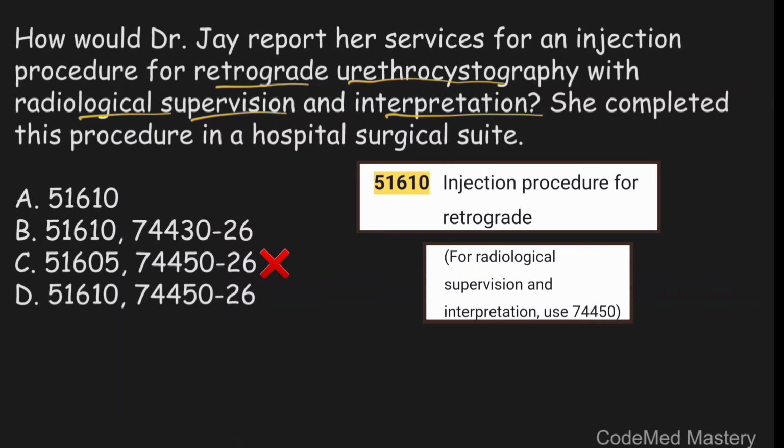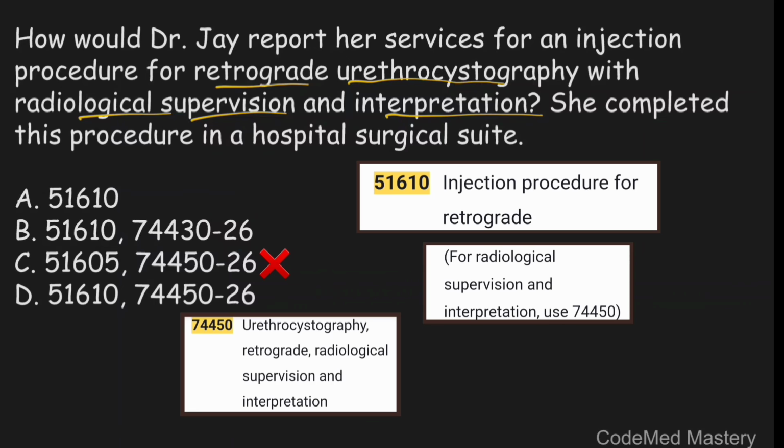The code 74450 is for urethrocystography, retrograde, radiological supervision and interpretation. Therefore, option D is the right answer. We'll eliminate option A because they have only mentioned 51610. Along with that, they have not mentioned the code for radiological supervision and interpretation.